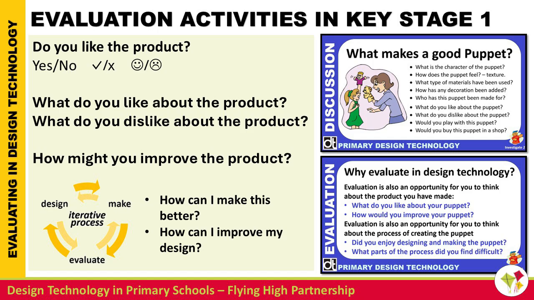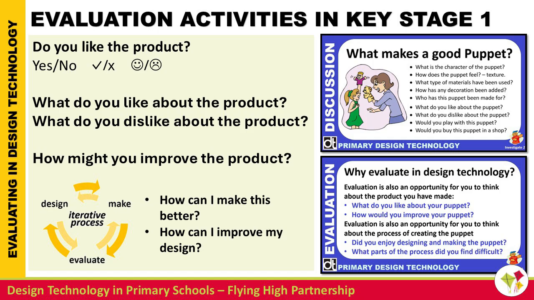Often this can be done by allowing children to investigate and evaluate existing products, as in the example on the right hand side. When designing and making puppets in Key Stage 1, children investigate existing puppets, finding out how they are made and from what materials they are made. They can also further this discussion by considering what they like about the puppets and as a class come up with some specifications for what makes a good puppet.